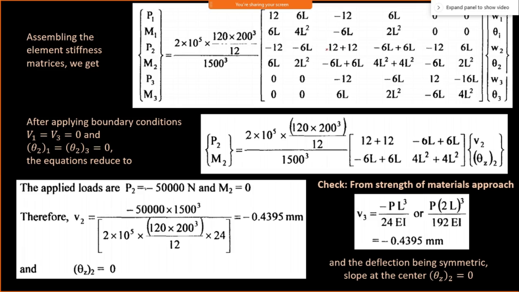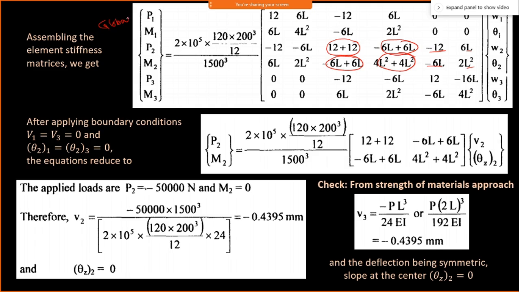You can look at how this equation is added here: 1, 2, 3. This is also added to 4, and this also gets added into it. This is the way it is added, and you will get the entire global stiffness matrix.